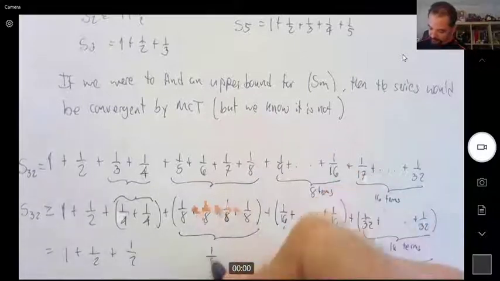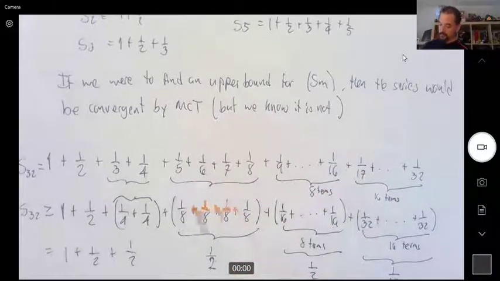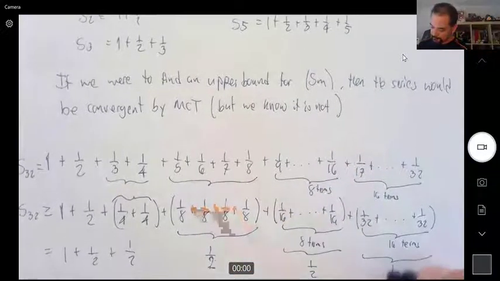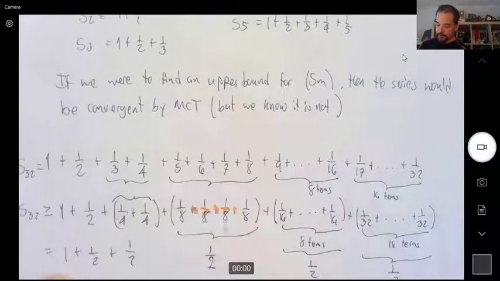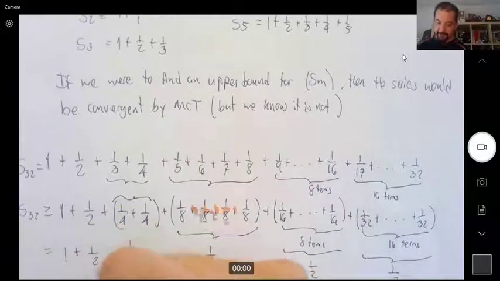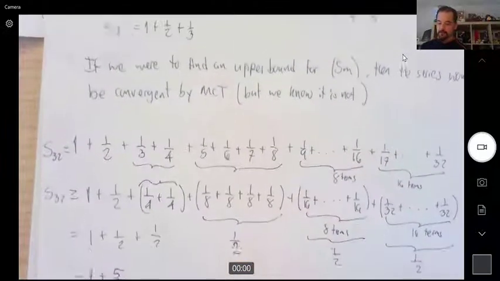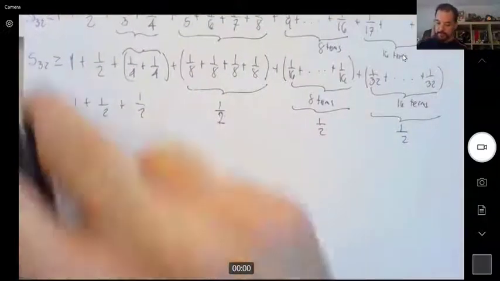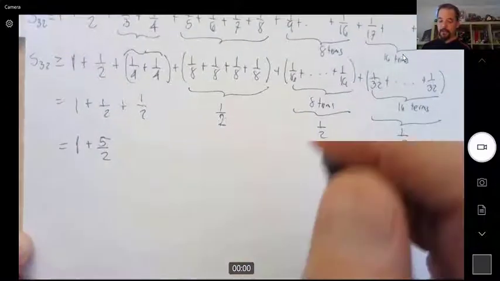So altogether, this is a 1 and 1, 2, 3, 4, 5 halves, so this is 1 plus 5/2. So I just argued that S sub 32 is bigger than 1 plus 5/2.